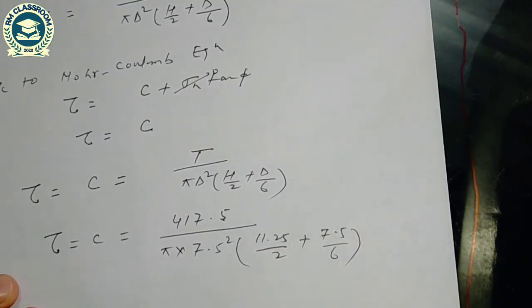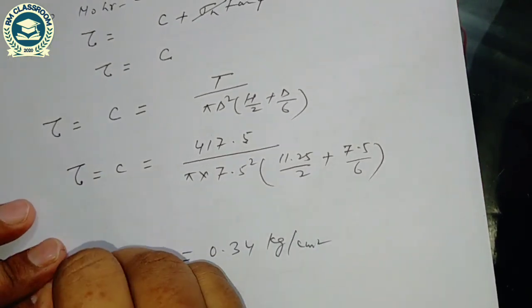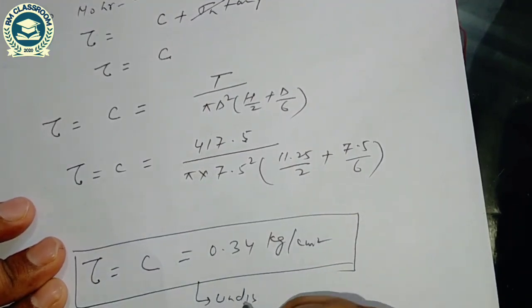So the shear strength is equal to the cohesion, which is equal to 0.34 kg per centimeter square. But this is for undisturbed state.